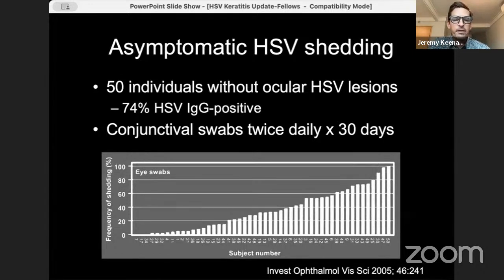So this graph on the bottom is showing all 30, each bar is a patient, and it's saying the percentage of each of those 60 swabs that was positive for herpes simplex virus. And again, these are people who don't have any eye disease, but you can see a lot of them are shedding virus, a lot of the time over the month.